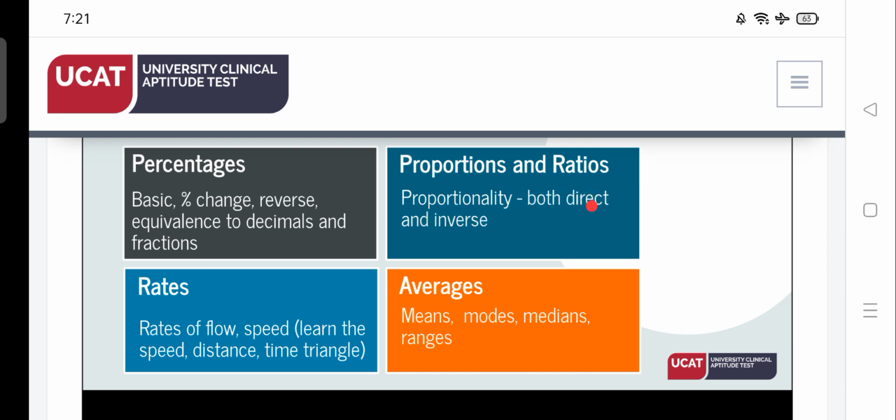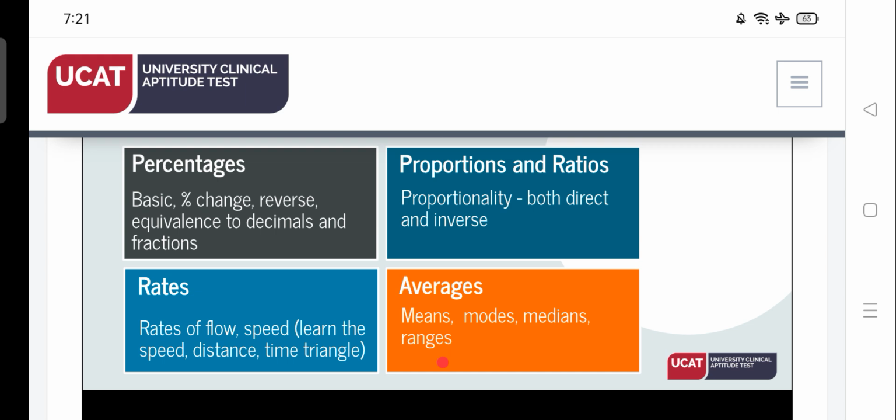proportionality, both direct and inverse, rates, rates of flow, speed, learn the speed, distance, and time triangle, averages, means, modes, medians, and ranges.